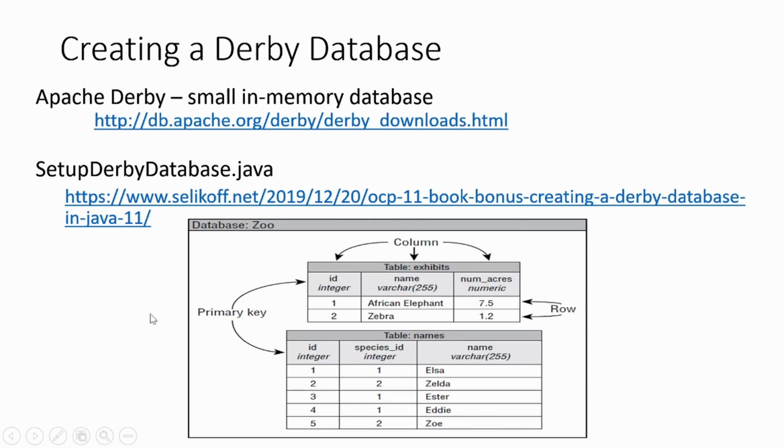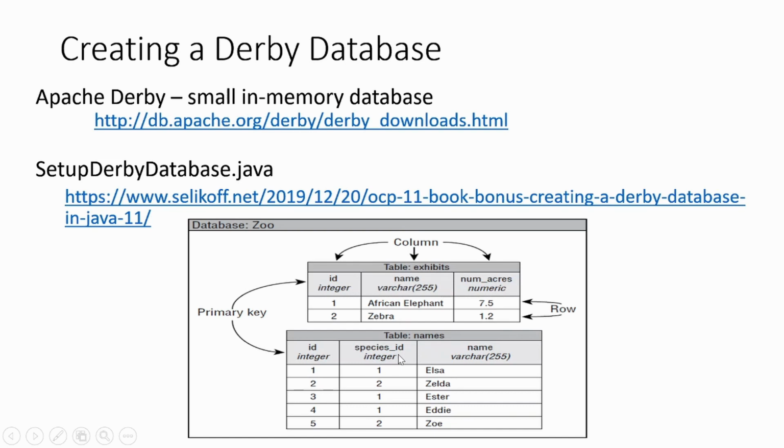You can see how to visualize the database. We have a database called zoo. It has two tables. The table exhibits has three columns: ID, name, and num acres. ID is a primary key because it is unique. The second table is table names.